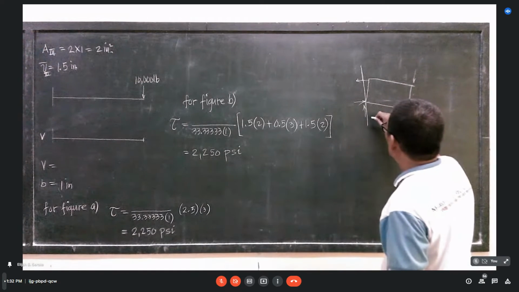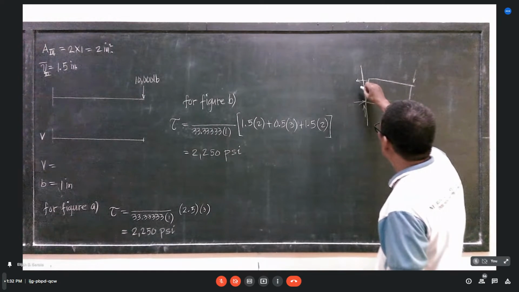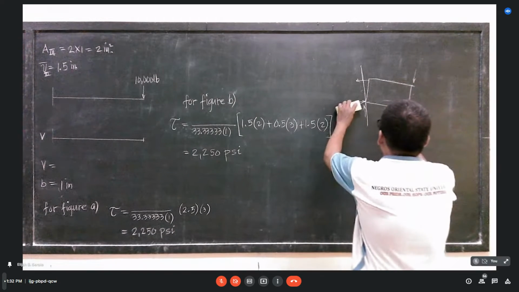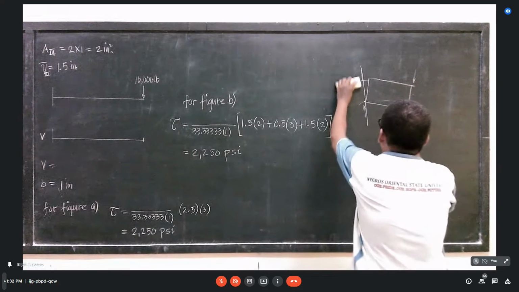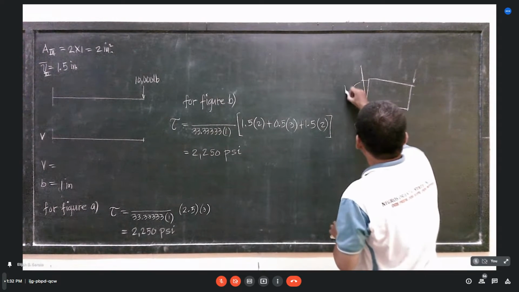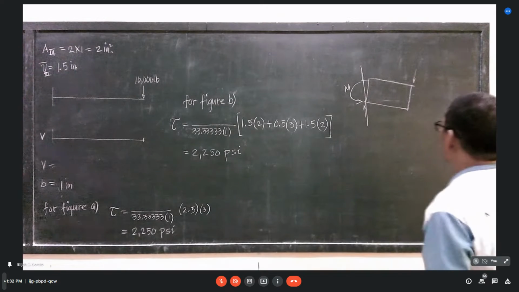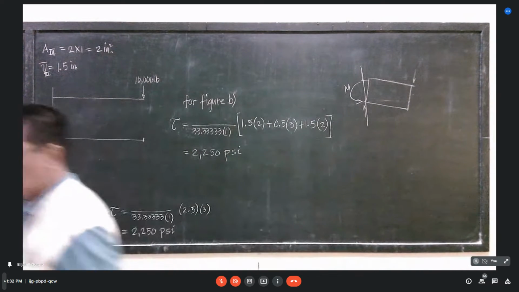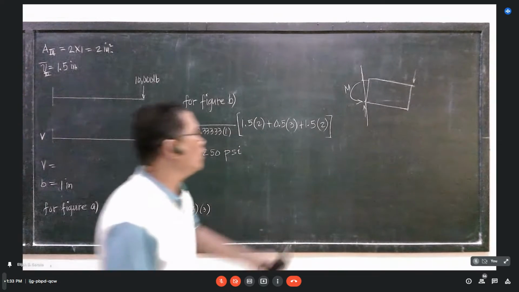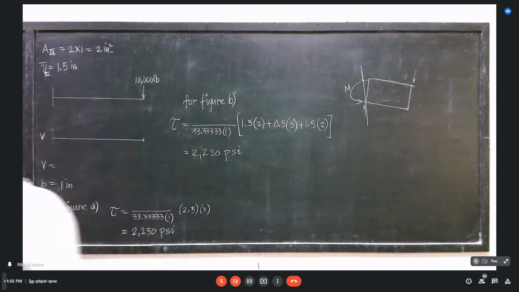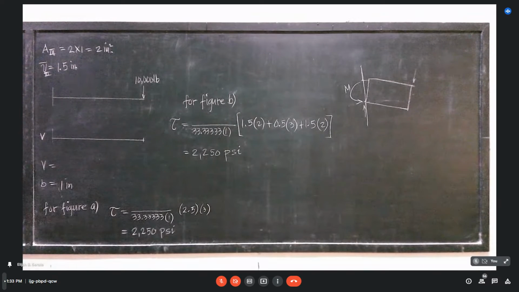So now, we have a couple. And this couple is actually represented by a reacting moment. So, in other words, the couple I've represented with this one. I'm going to go back just to illustrate that is what will happen.